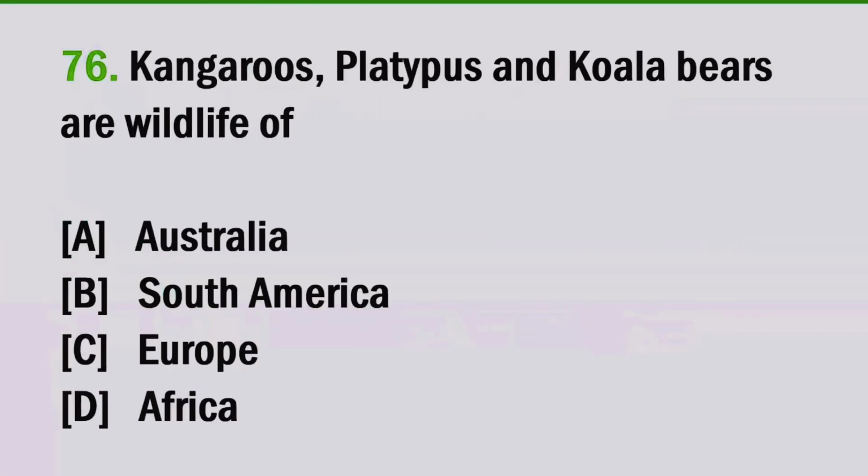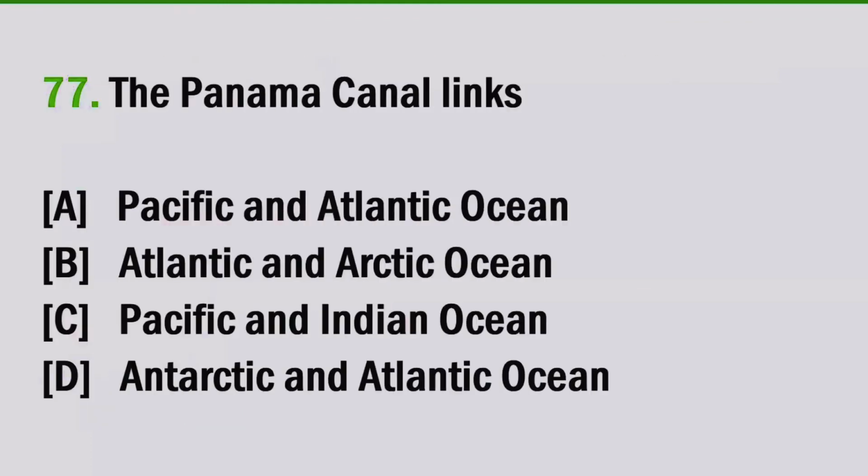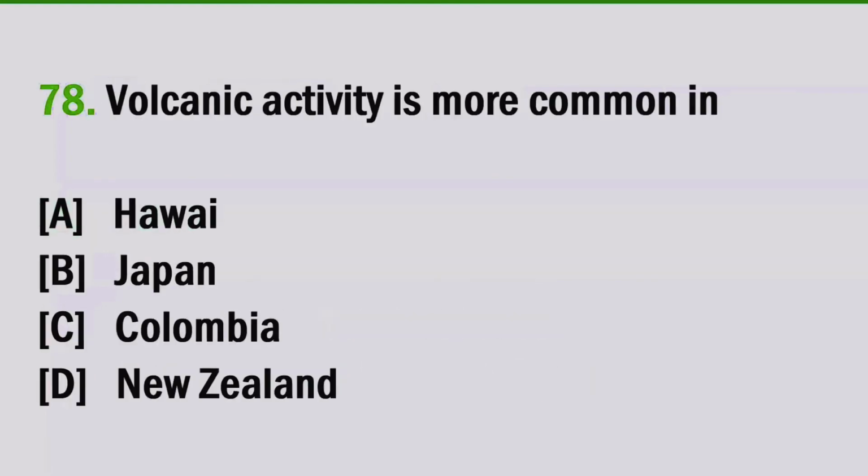Kangaroos, platypus and koala bears are wildlife of. Answer A. Australia. The Panama Canal links. Answer A. Pacific and Atlantic Ocean. Volcanic activity is more common in.